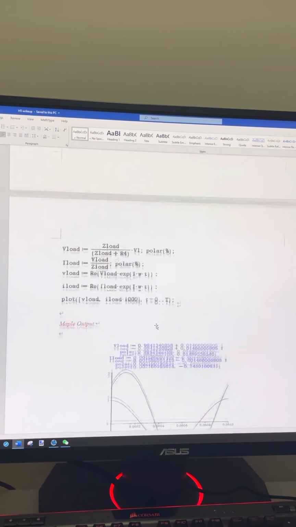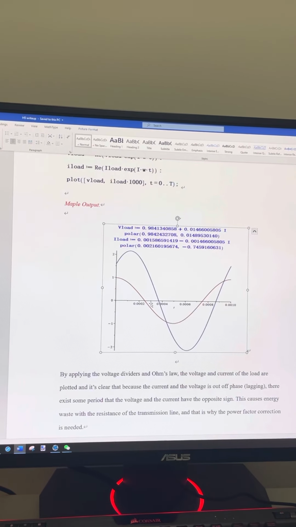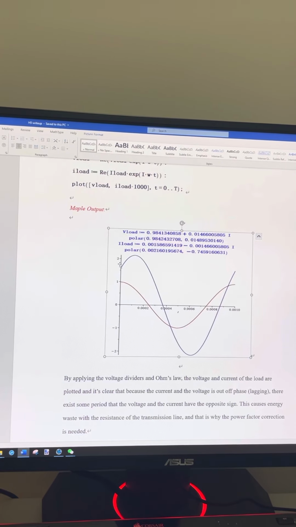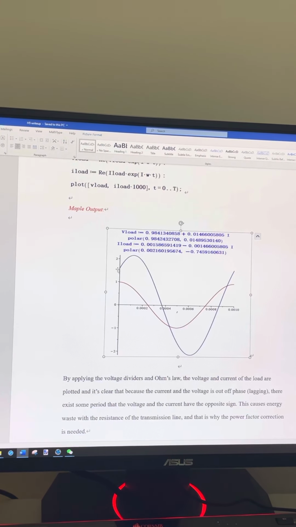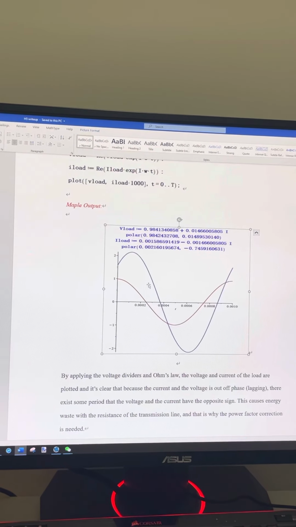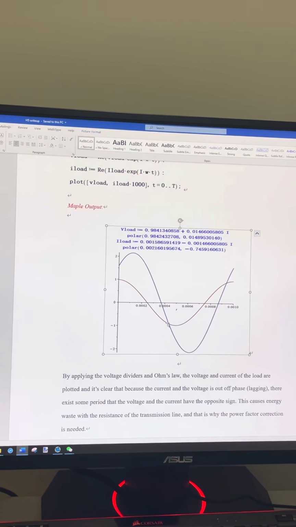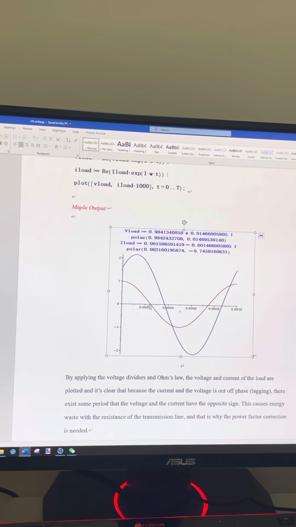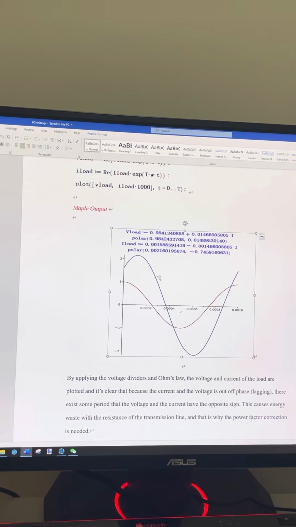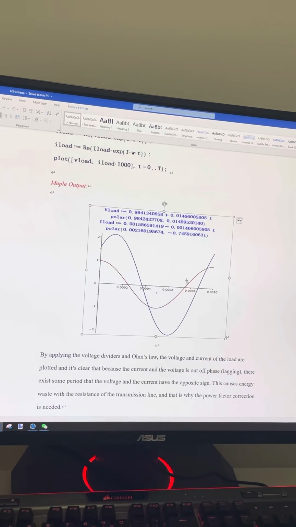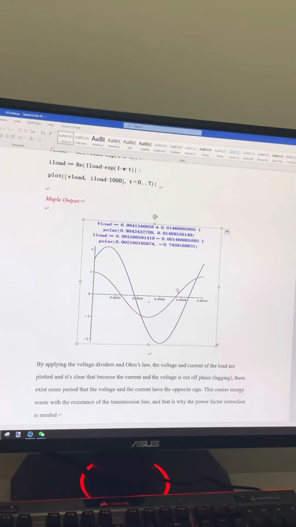Somehow like the plot here, you can see that because the voltage and the current are out of phase, there is a period where one is positive and one is negative, and that is going to cause the load network in that period to behave like a power supply.